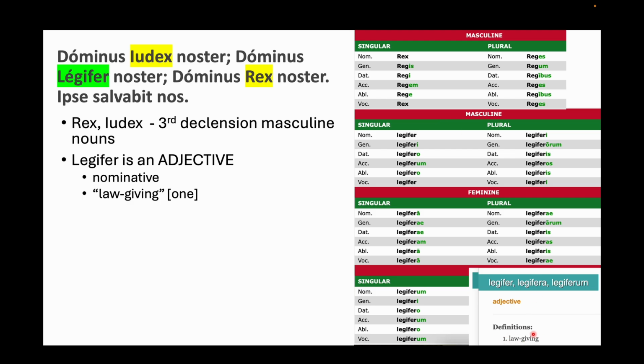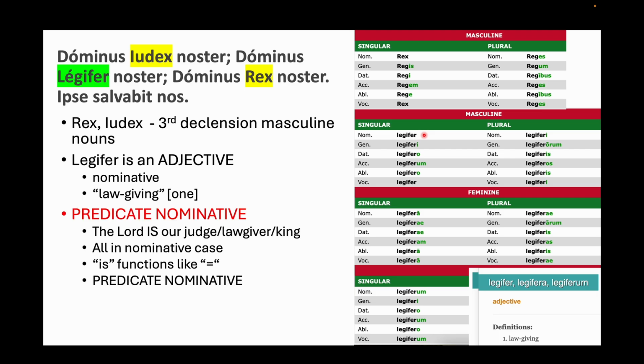If we go up to the masculine of legifer here, we can see legifer is the nominative singular, so it's acting like a subject. And so it's saying the Lord is our lawgiver, right? Does that make sense? Exactly like the good, the bad, and the ugly, except in this case they're using lawgiver rather than good, bad, ugly, or meek.